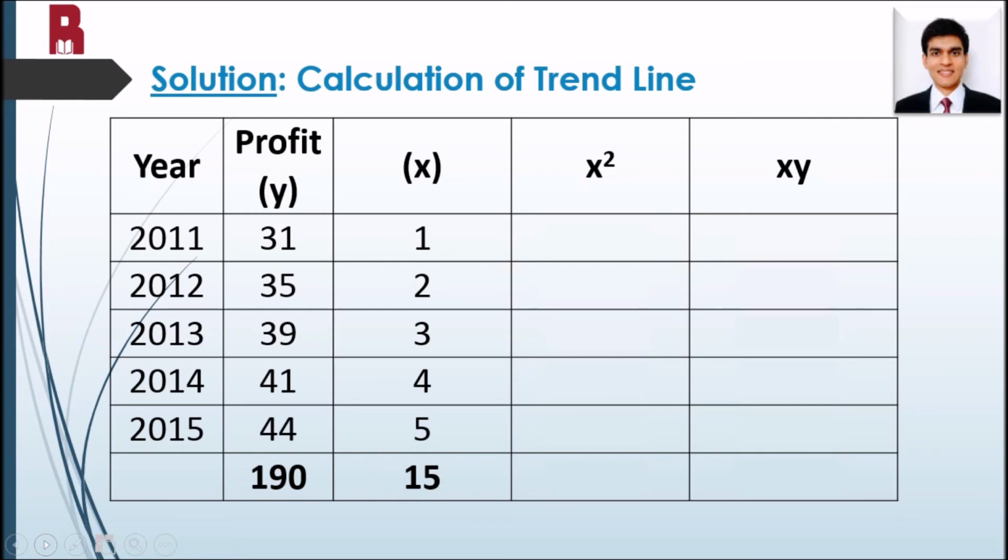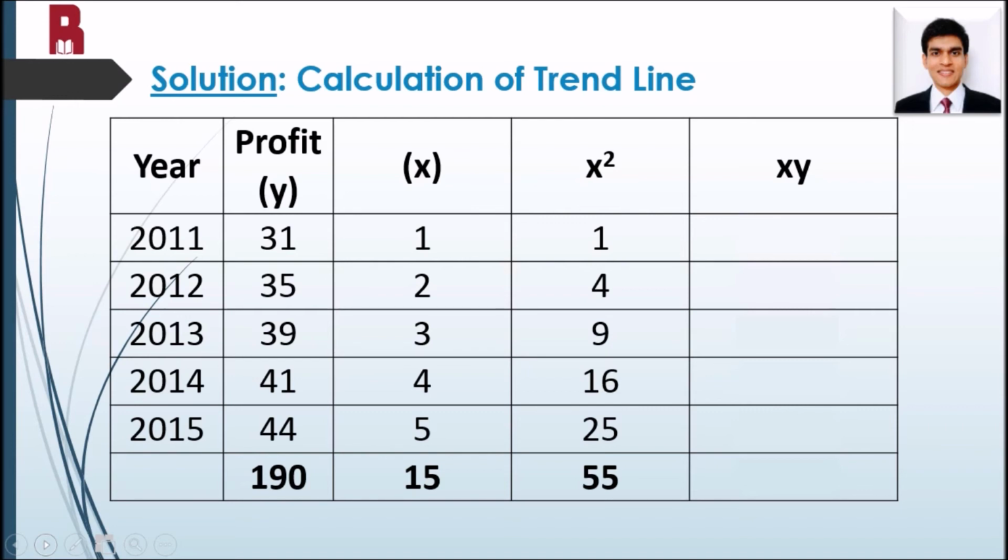Then moving forward, we will take x square, squaring up the third column. 1 square, that is 1, 2 square is 4, 3 square is 9, 4 square is 16, and finally 5 square is 25. Taking the total here, it comes to 55.